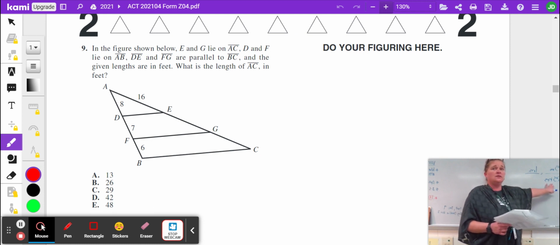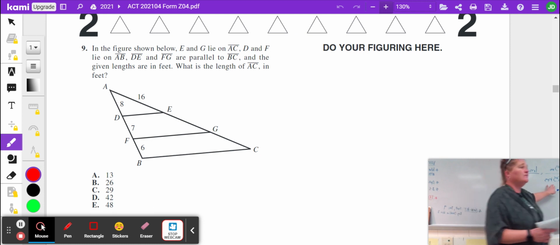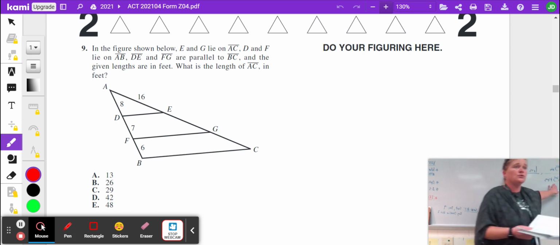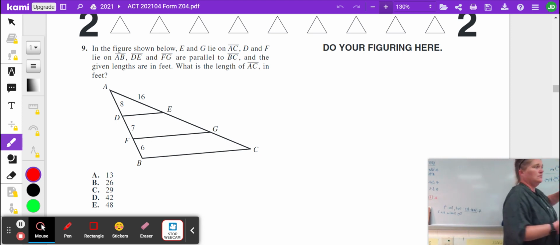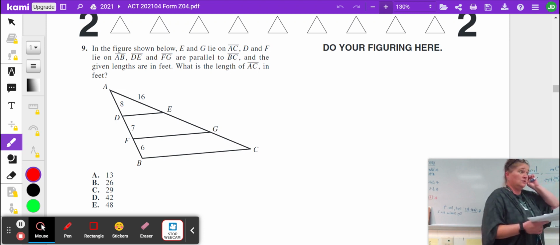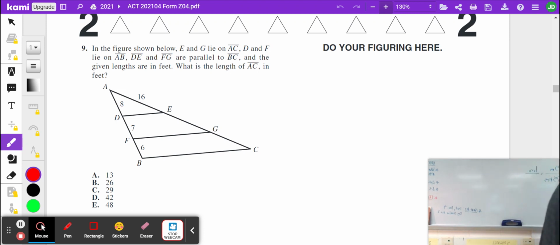Because that says hours. So how can I convert 2.5 hours to minutes? How do I convert hours to minutes? 60 minutes in an hour. So 150.